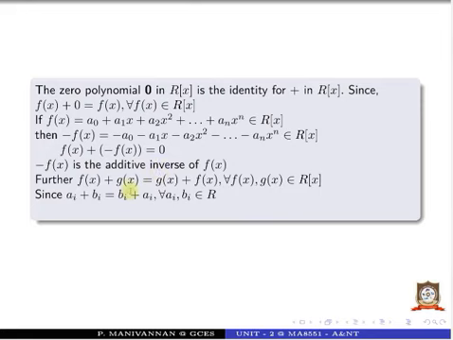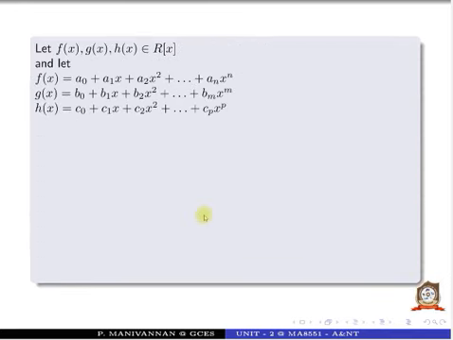So under addition, R of x comma plus is an abelian group. Then we already proved that under multiplication it is closed and also associative.